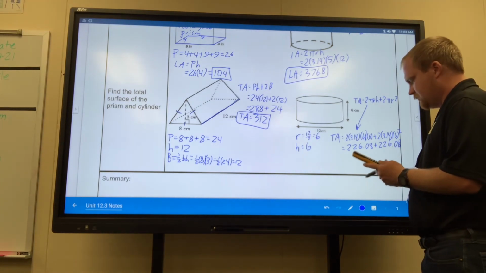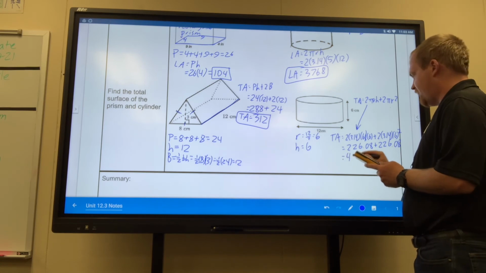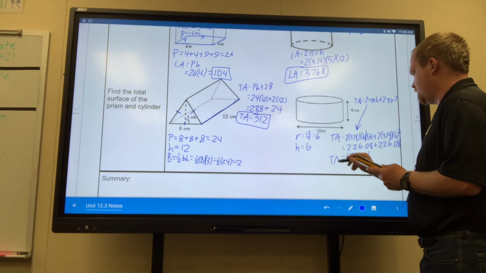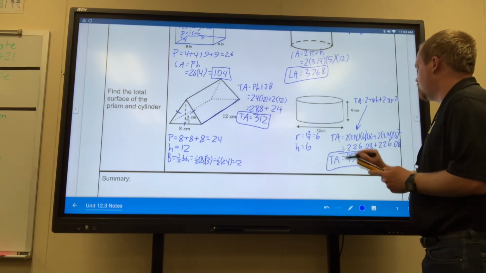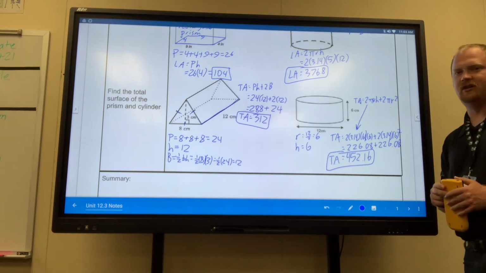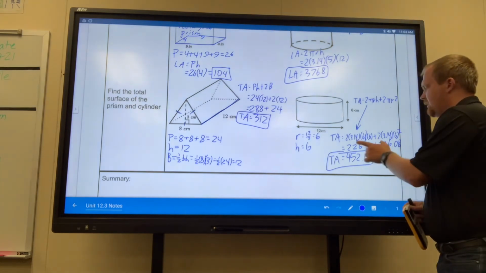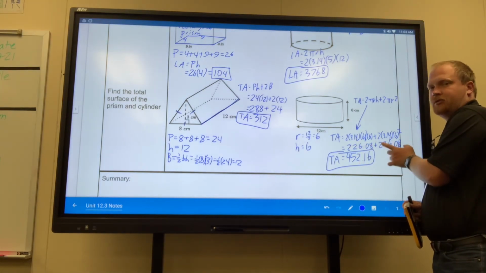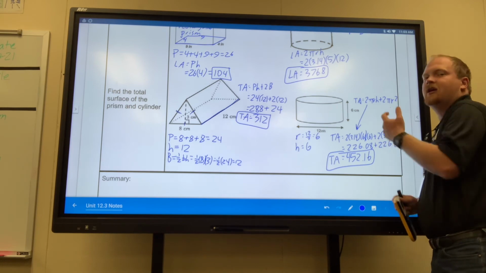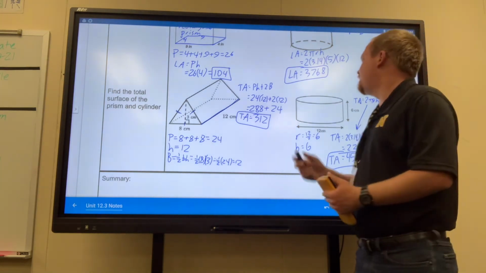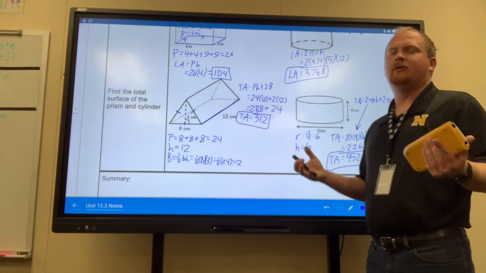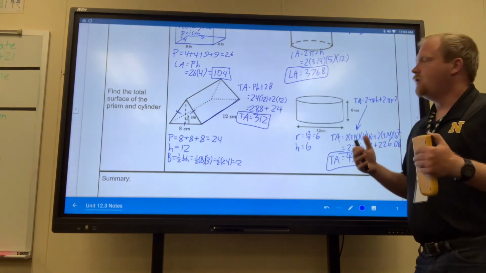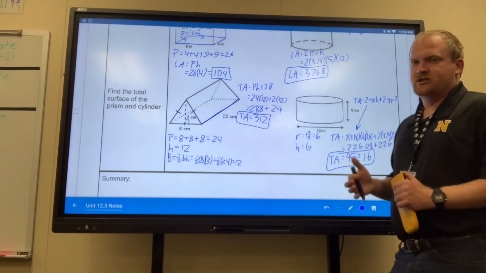So if I add those two together, I get 452.16. If I had changed the height to 5, we would have completely different numbers. It just happens to be a coincidence.